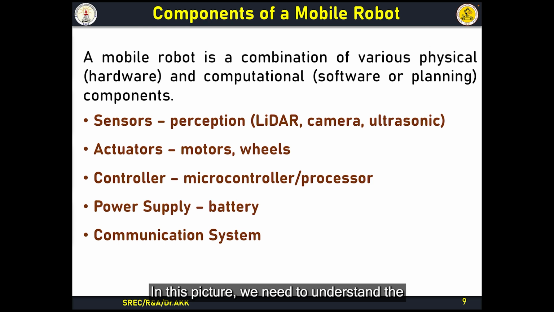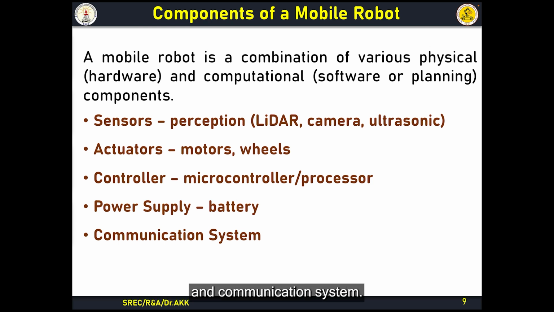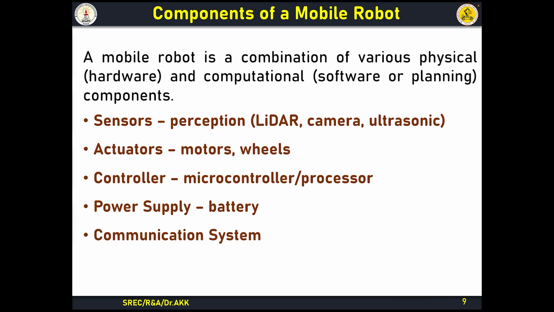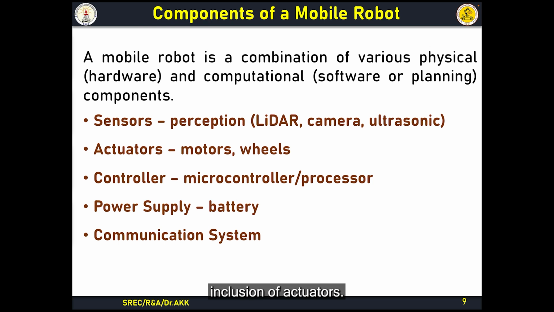In this picture, we need to understand the mobile robot components, starting from sensors, actuators, power supply, control system, navigation and mapping technologies, and communication systems. In this flow, we need a basic understanding of the mobile robot components. Sensors are the eyes and ears of robots, used to perceive the environment, and many sensors are deployed. Actuators are the robot's muscle power; to implement a particular task, we need to know the concept and inclusion of actuators.